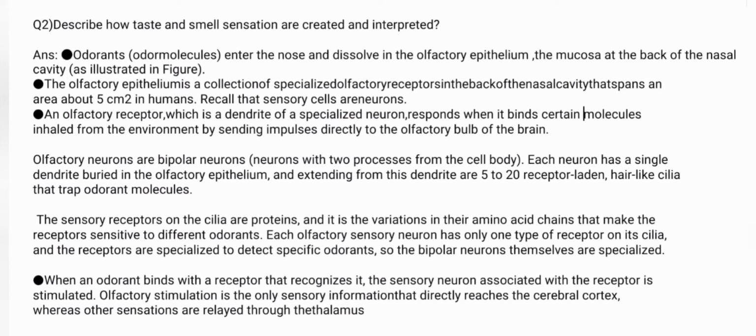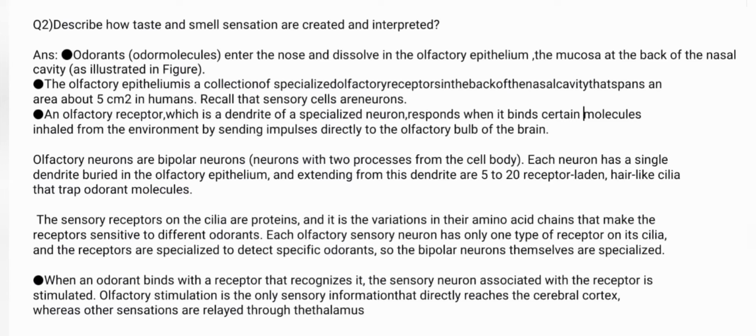The olfactory epithelium is a collection of specialized olfactory receptors in the back of the nasal cavity that spans an area about 5 centimeter square in humans. Recall that sensory cells are neurons.